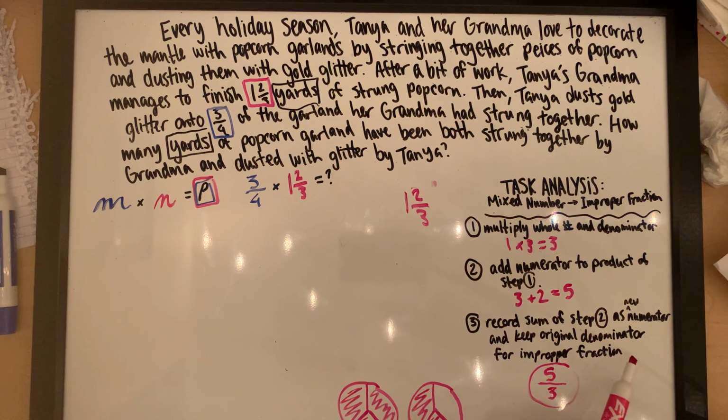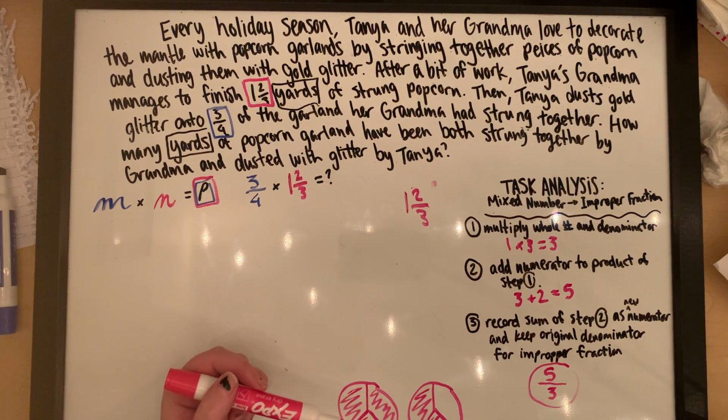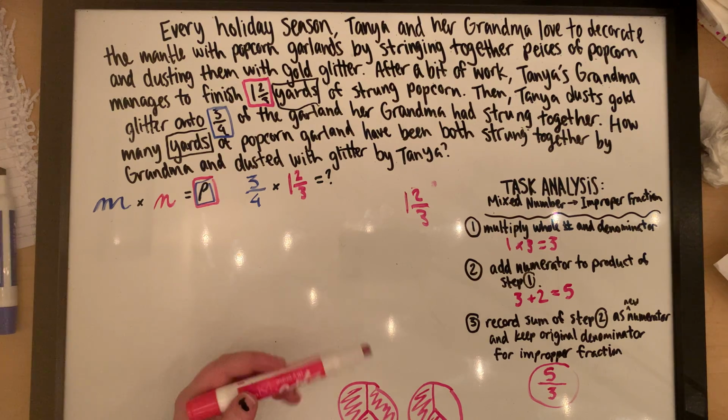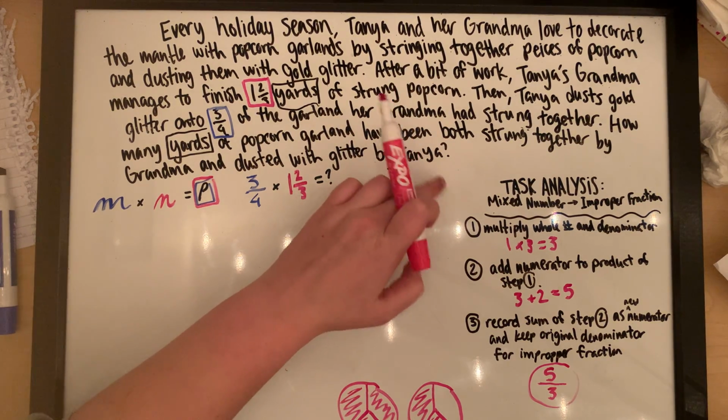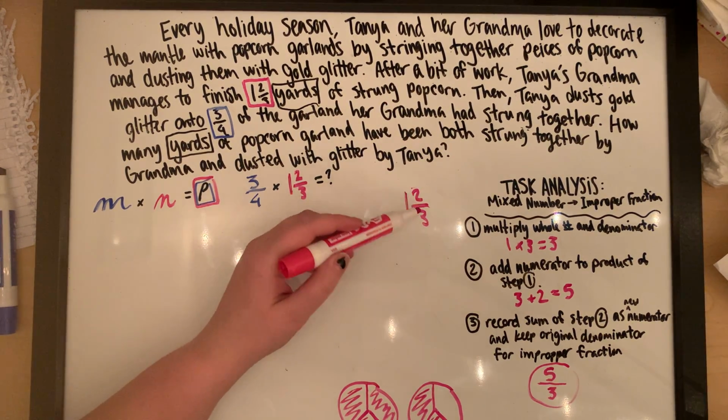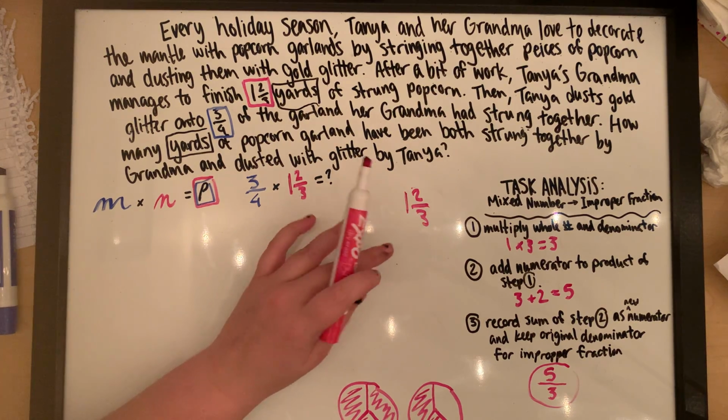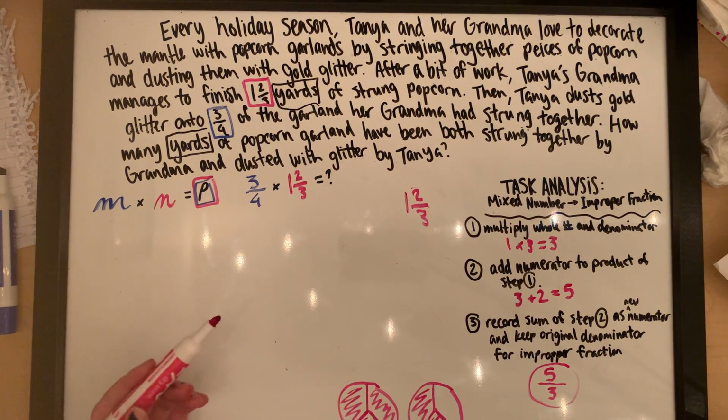And the reason that we keep our denominator the same is because we are keeping our proportion of divisions the same between our mixed number and our improper fraction.